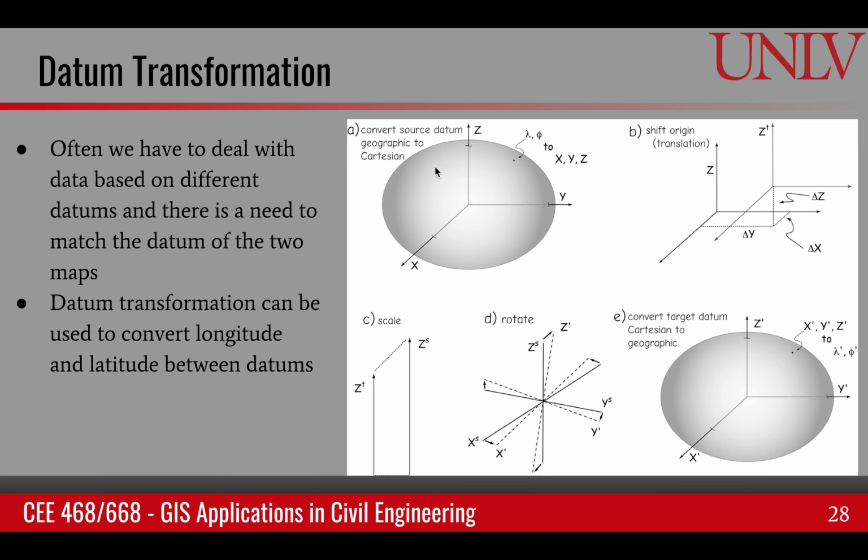And for that purpose, we have to go through a process. First of all, we convert the geographic coordinates of the source or old datum to Cartesian coordinates, which is basically taking longitude and latitude and converting them into 3D XYZ values.